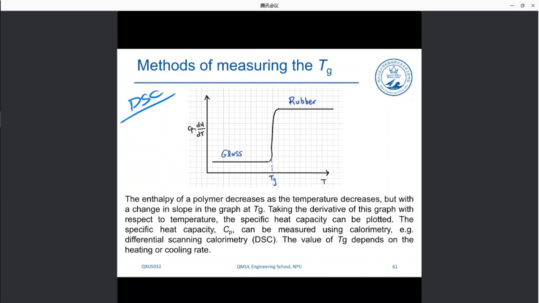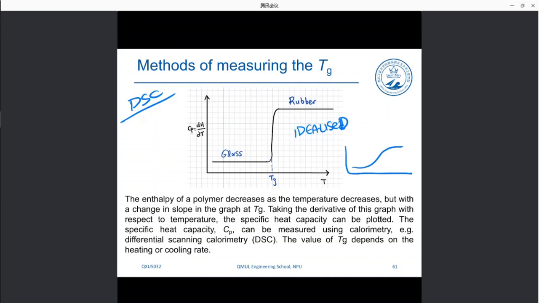In the DSC, what we measure is essentially the heat capacity, which is the ratio of the enthalpy over temperature, as a function of the temperature, or the enthalpy of the system, the heat flow in the system. So this is an idealized situation where the Tg is directly visible.